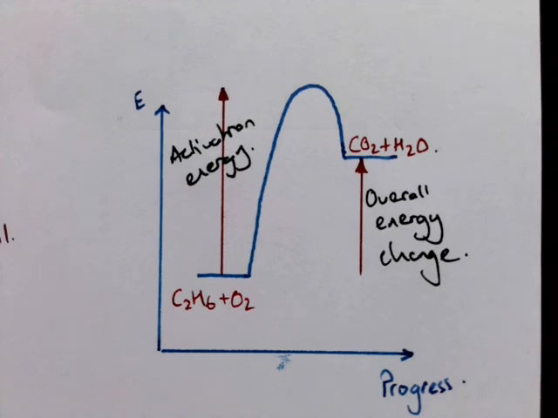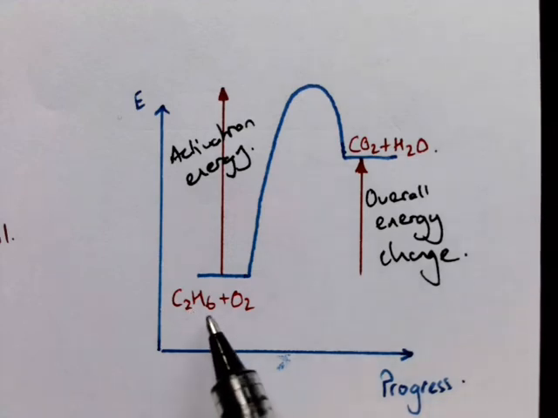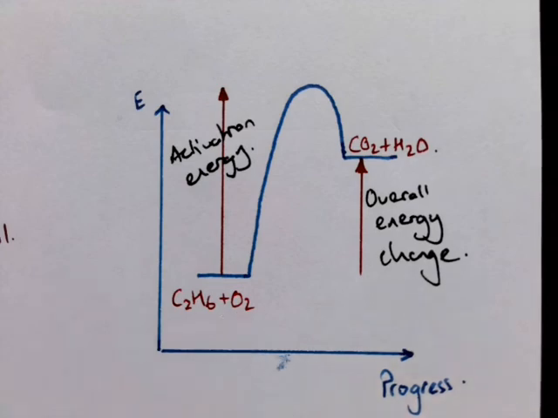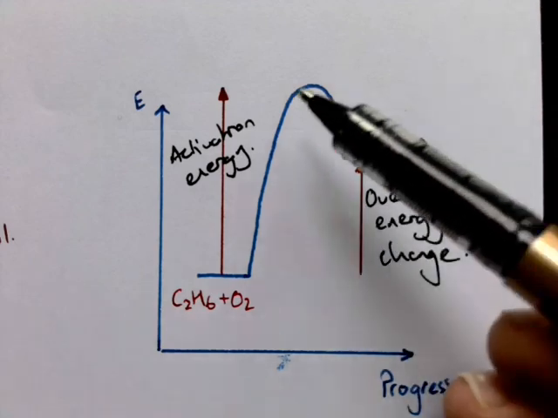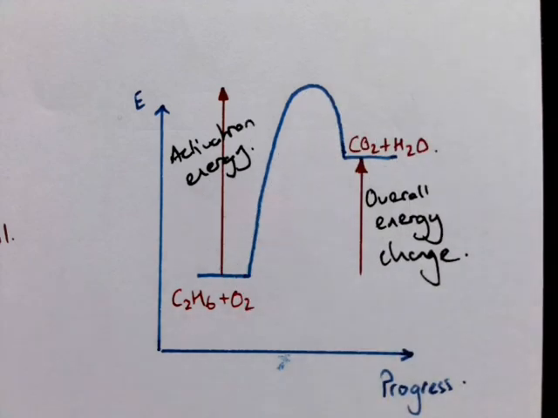The big problem though is if you think about this from a chemistry point of view, does it make sense? Well, what's the reaction? This is ethane combusting. It's combustion of ethane. Now you know that combustion is a combustion reaction, so it should be exothermic. But I've drawn an endothermic reaction profile.